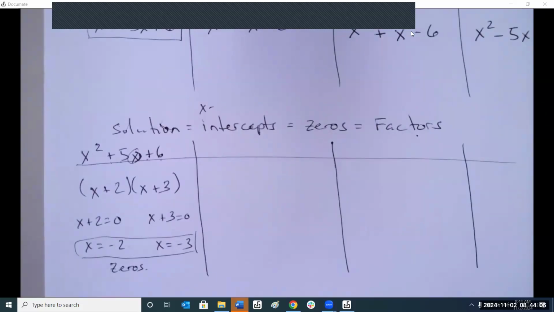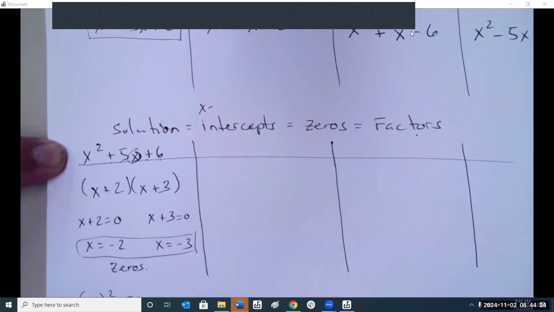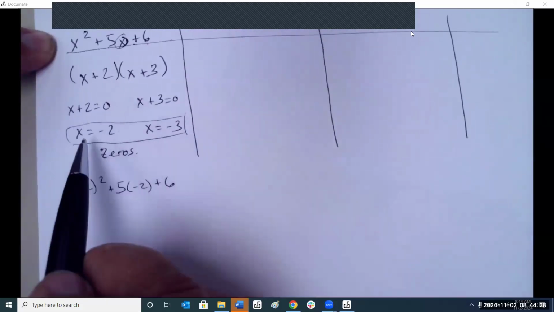Why are they called zeros? If I make x equal to -2 and plug it in, I have -2 squared plus 5 times -2 plus 6.